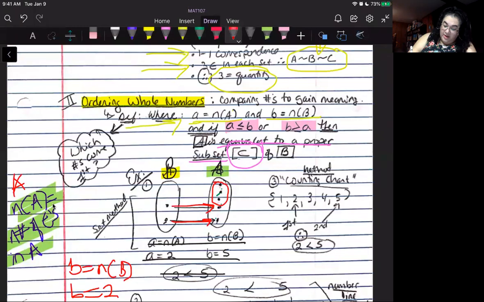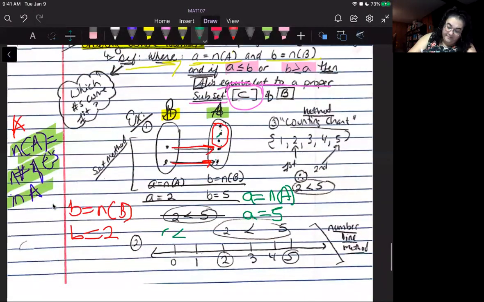And then over here, we would say that a is equal to the number of elements in set A, and a is equal to 5. And if that's the case, then because A has 5 elements and 2 is less than, let me slide that up a little bit.